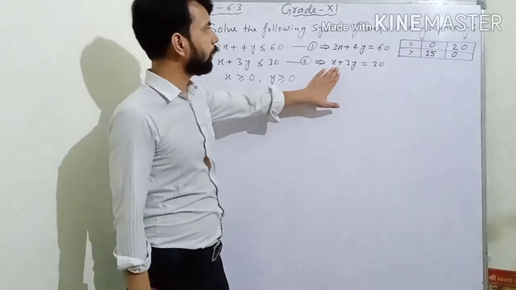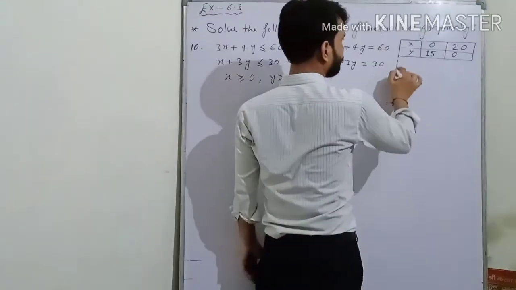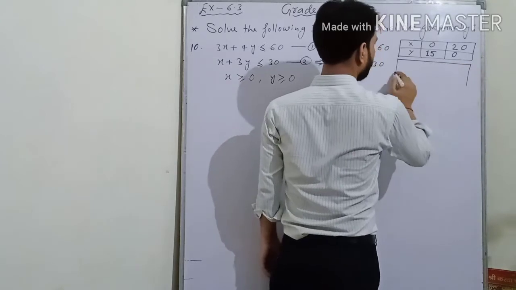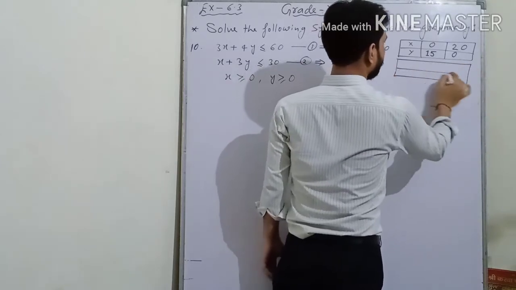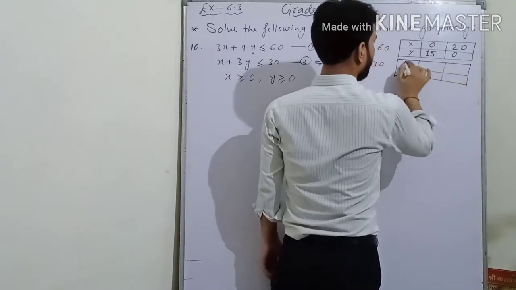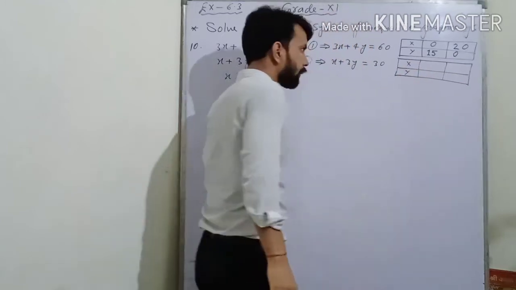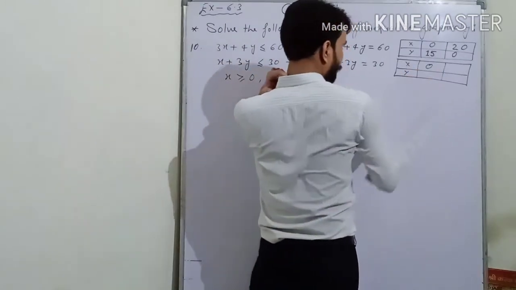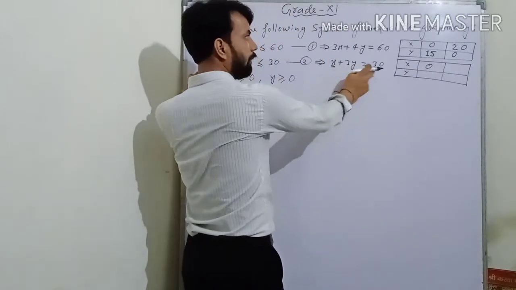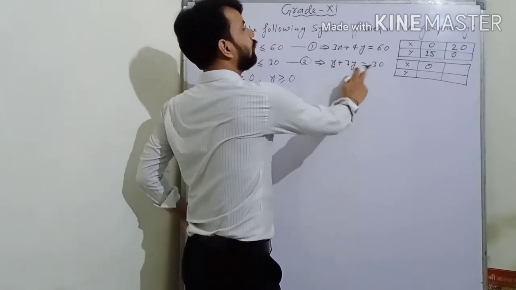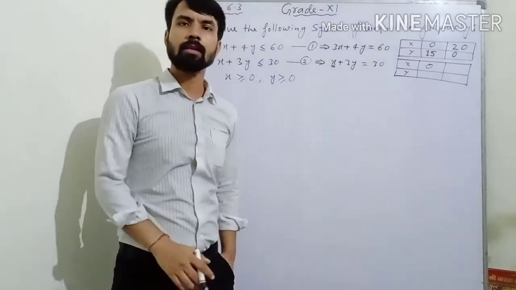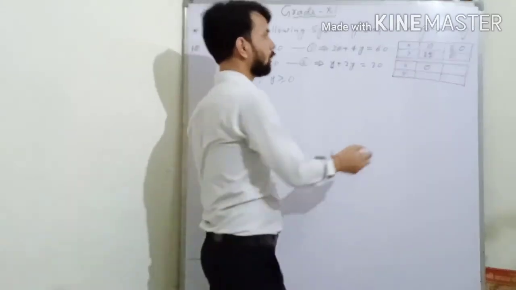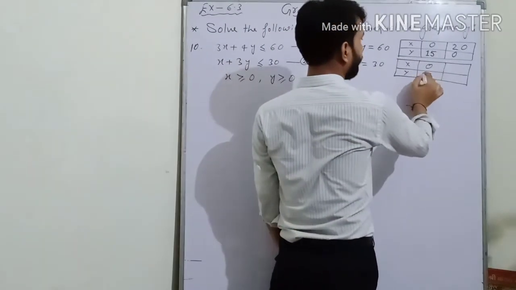Now we have to find the points for the second inequality. X and y. First, I will put x equal to 0. If x is 0, then we will get 3y equal to 30. Then y equals 30 upon 3, that means 10.